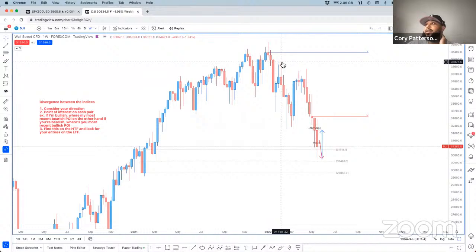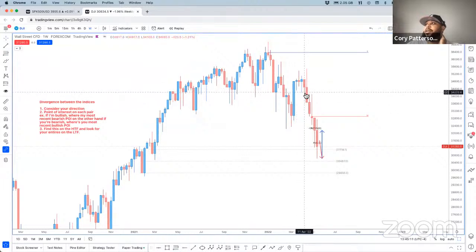From there, we went from this high that we created down to this low. Here's a bullish point of interest. We failed it, traded back through it a little bit, held it for the most part, traded back up to the bearish point of interest, failed it, traded back down. We had a bullish imbalance right here on the lower time frames.